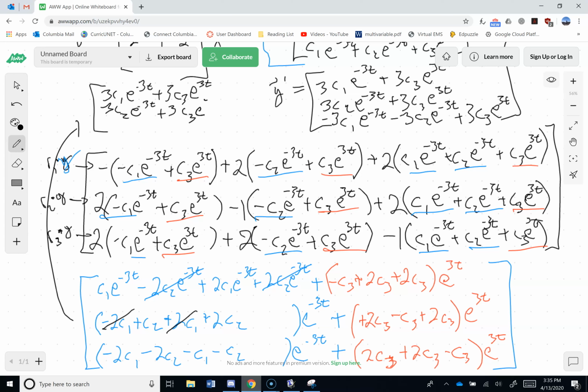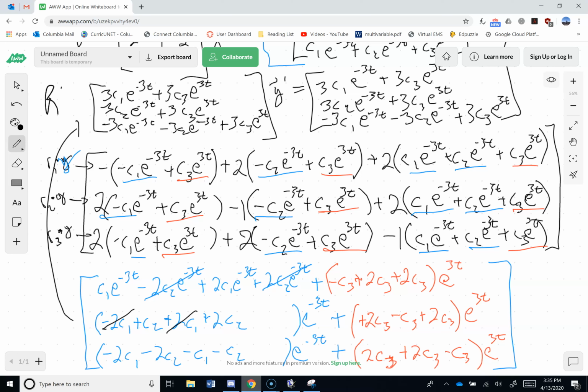And then in my last row, I have a minus 3c1 e to the minus 3t minus 3c2 e to the minus 3t and a plus 3c3 e to the positive 3t.